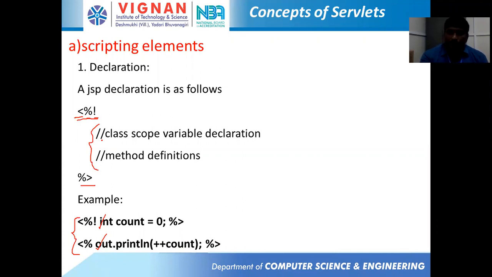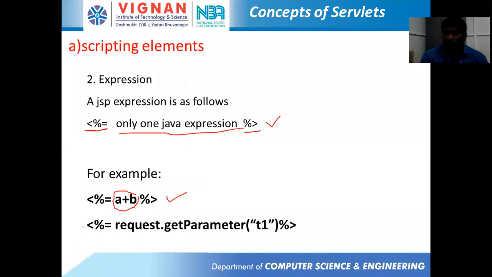And for expression, during the translation phase, JSP to servlet, Java expressions are placed in the service method. So these expressions will be placed in the service method of the container generated servlet.